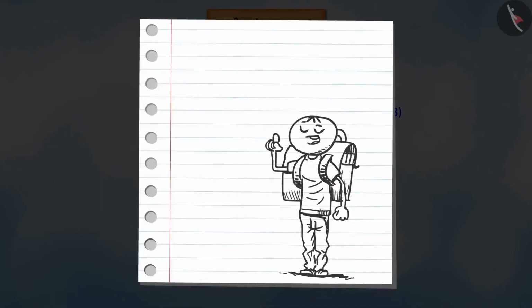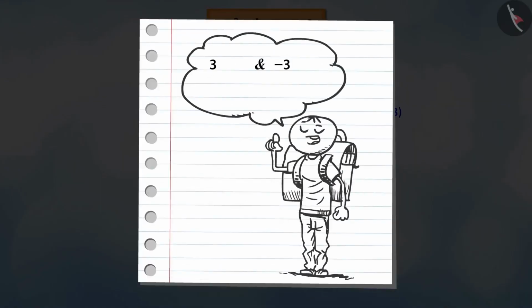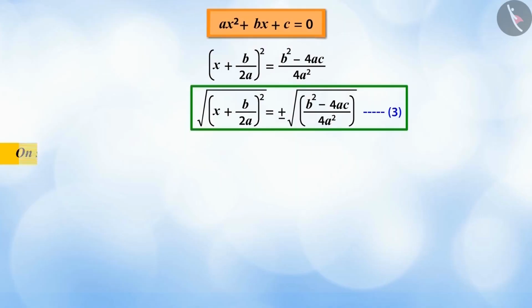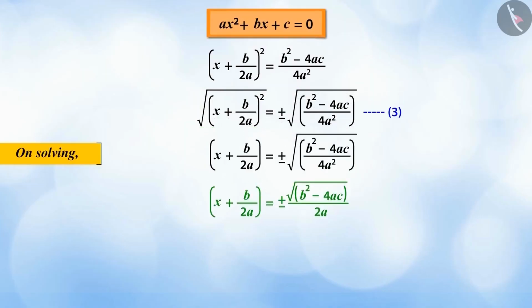Because when we square 3 and negative 3, we get positive 9. But when we take the square root of 9, then positive and negative 3 are obtained. So on solving equation 3, we get this equation.